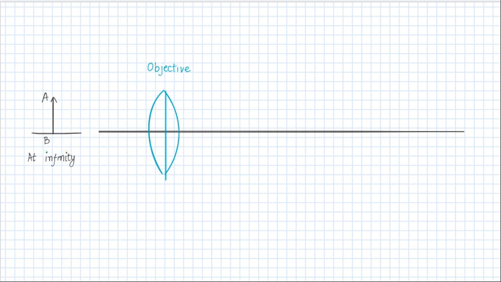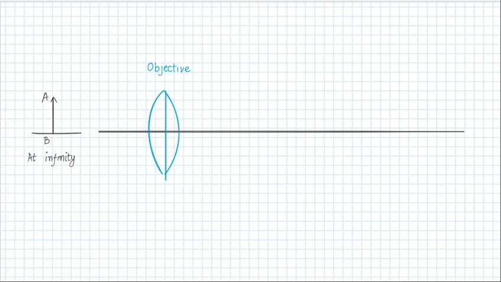Now, consider a ray which starts from this object AB placed at infinity. Consider a ray which moves parallel to the principal axis. After refraction, what will happen? It will pass through the focus.